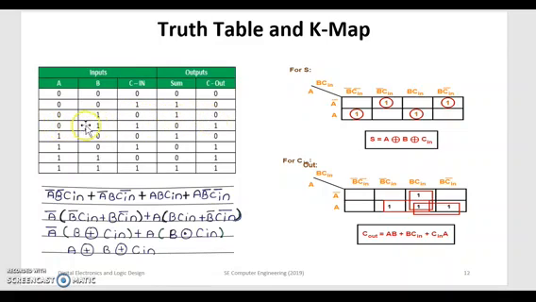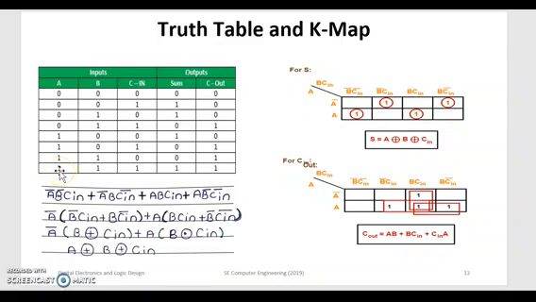If you have 0 1 1, sum is 0, 1 plus 1 is 0, and carry will be 1. If you have 1 0 0, sum is 1, carry is 0. If you have 1 0 1, 1 plus 1, sum is 0, carry is 1. For 1 1 0, sum is 0, carry is 1.